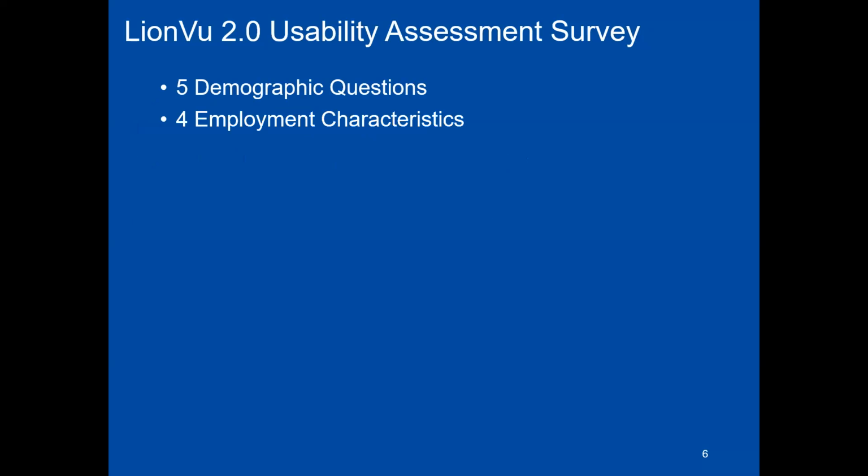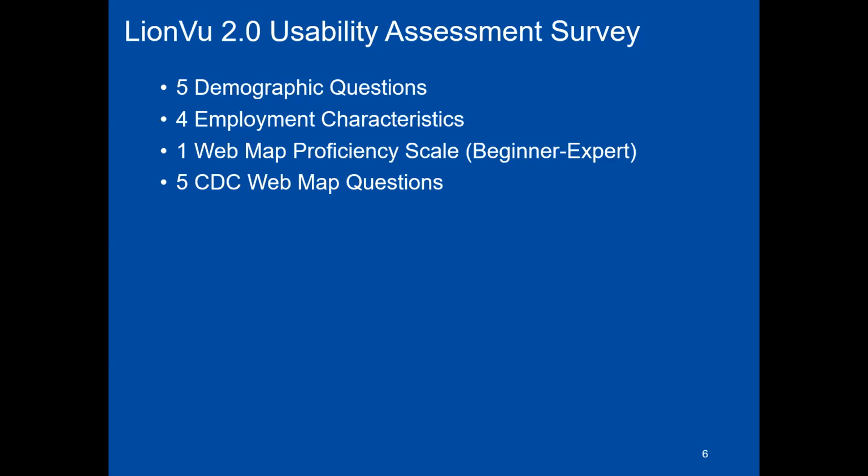The LionView assessment survey contains 5 demographic questions, 4 employment characteristics, and a web map proficiency scale, in which I asked the person how comfortable they were with web maps. I wanted a self-assessment and a quantitative assessment on how to improve.